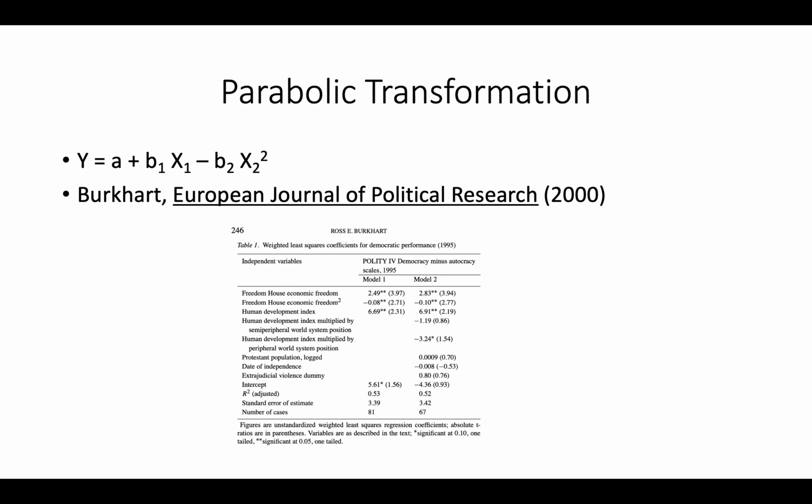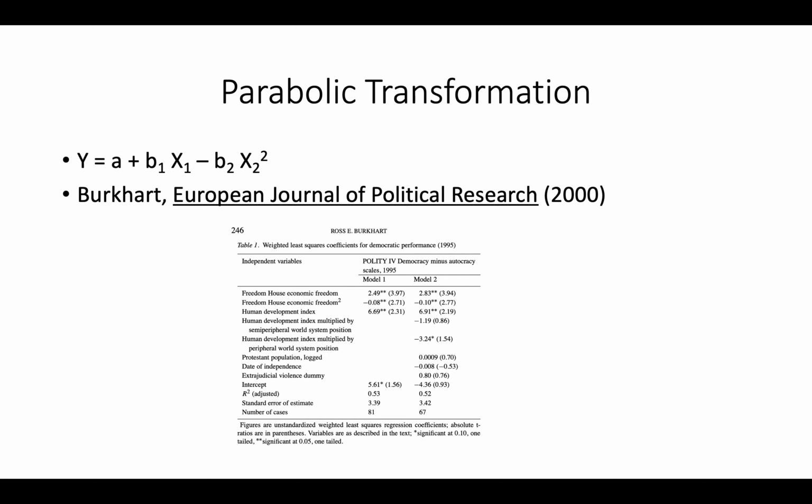I have a couple of different models here, but I'm particularly interested in the relationship between capitalism and democracy. The measures of capitalism that I am using come from an organization called Freedom House, which is a democracy tracking organization. From 1995, I had 81 countries in my data set.